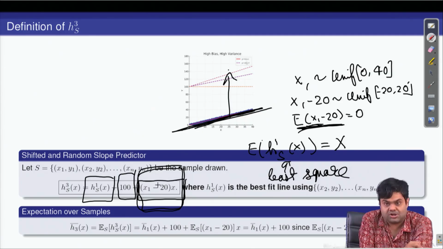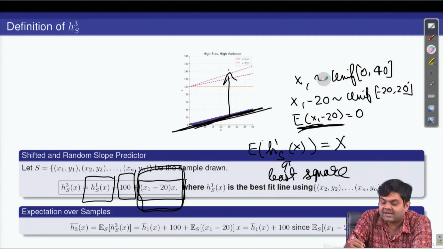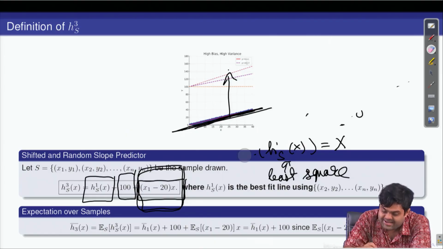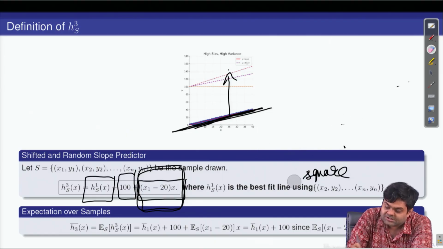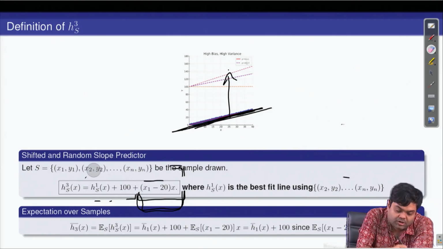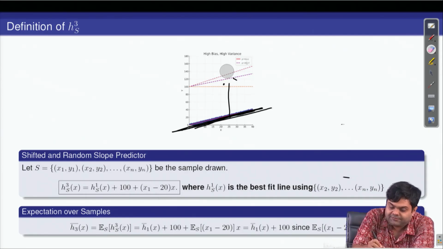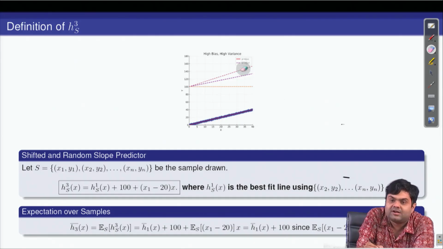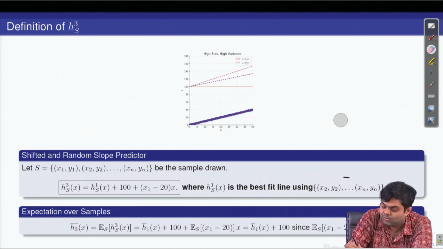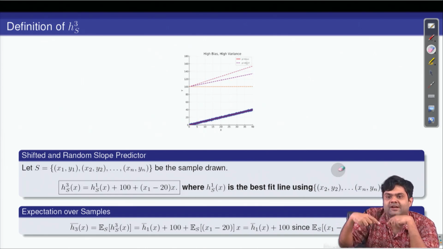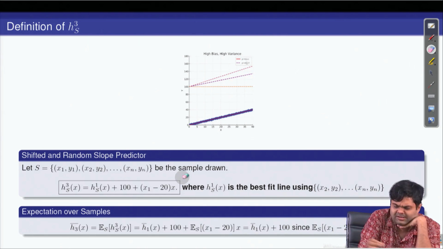But what does this portion do? This portion hikes up the variance. Why? First of all, the shift by 100 will not contribute to the variance. So shifting by 100 does not create any problem in terms of variance, whether it is here or here does not matter, shifts do not contribute to variance. Whatever varies across the various models is only incorporated in here.